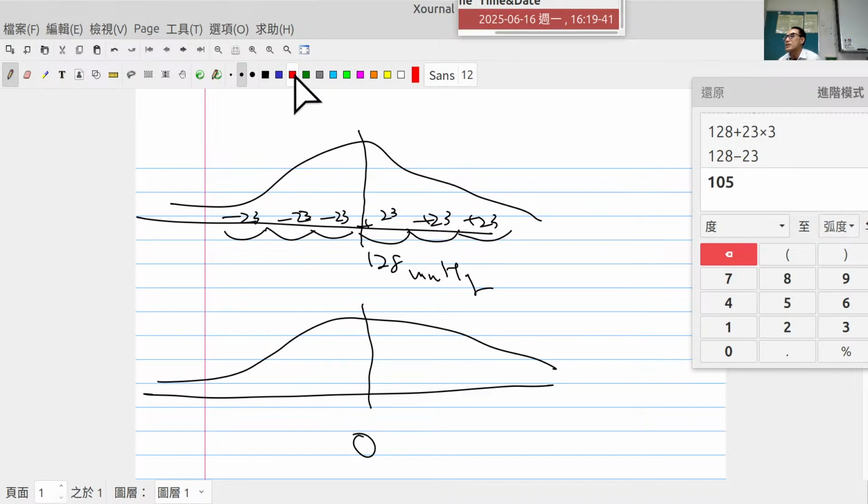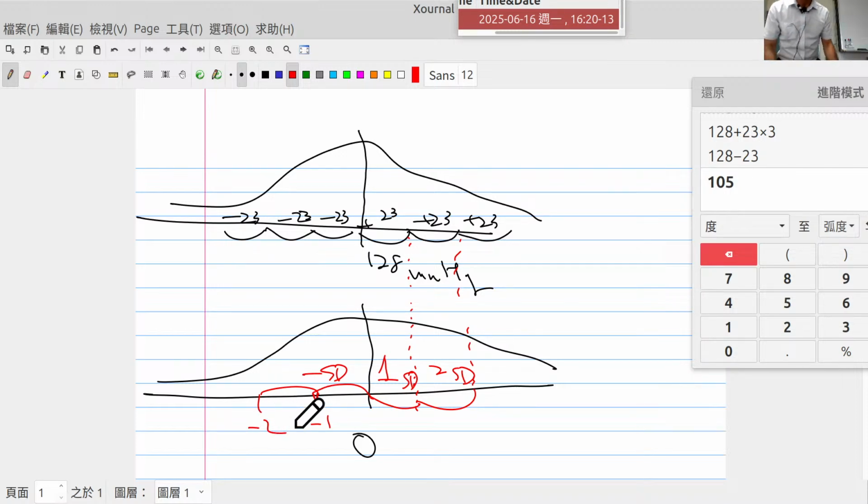After normalization, here is 1 standard deviation, here is the second standard deviation, and the distance is 1 standard deviation, but on the left side we call it minus 1 standard deviation. Can you get it?